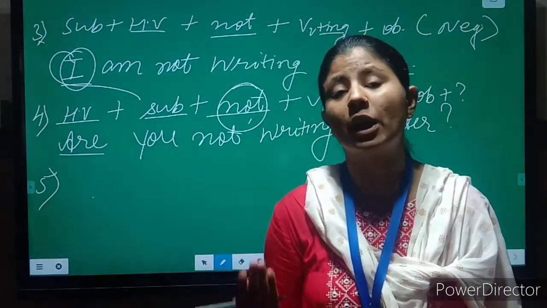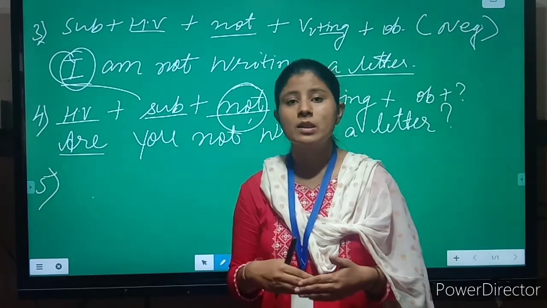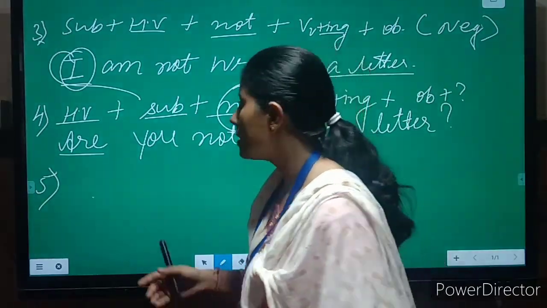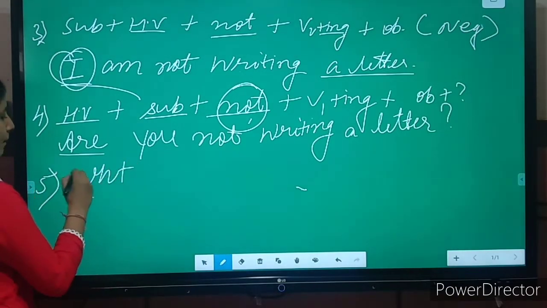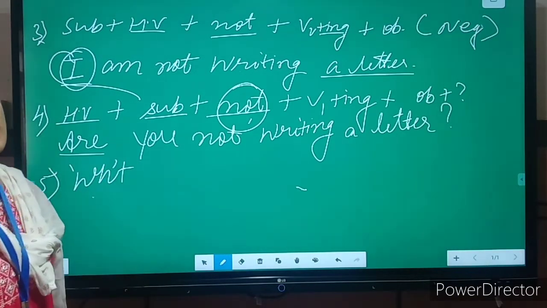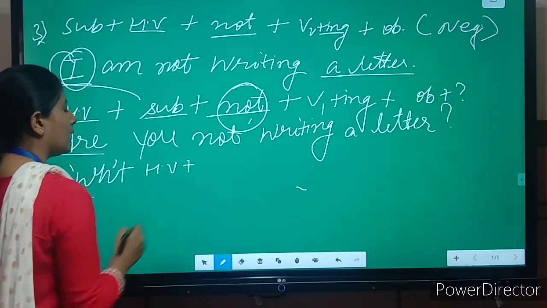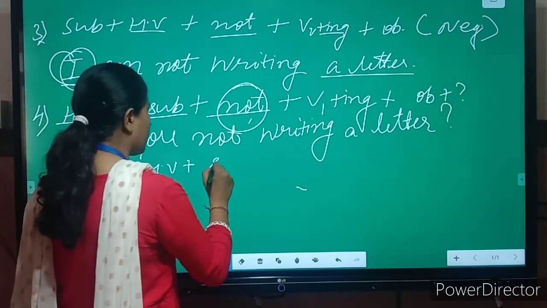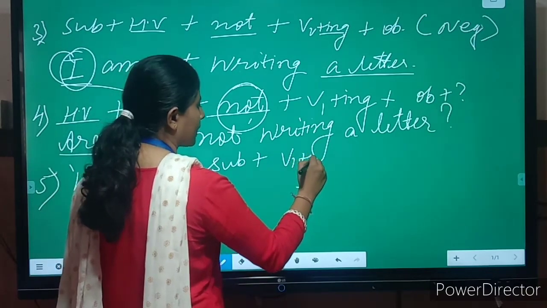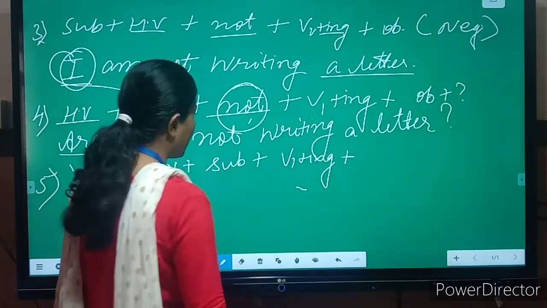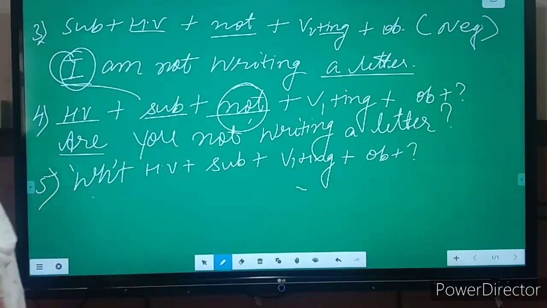We have learned how to form an interrogative sentence with the helping verb. Clear? Now we are going to use an interrogative WH word. Clear? So first of all you have to add a WH word, any WH word, that is to say why, when, where, who. Clear? And then you will add helping verb, and then you will add subject, then you will add verb's first form plus ing, and then object. Again question mark because it is an interrogative sentence.